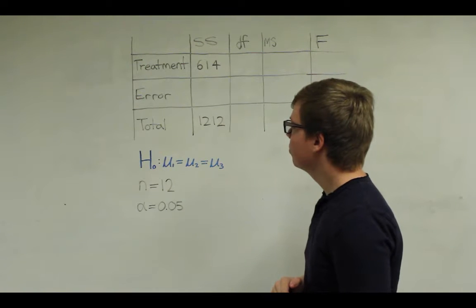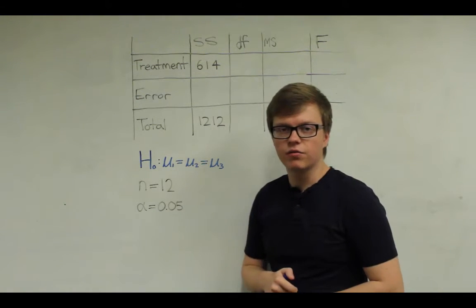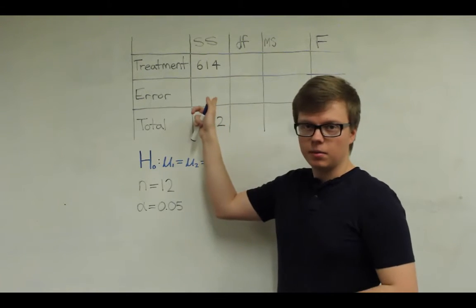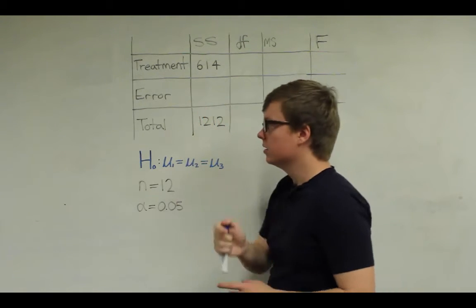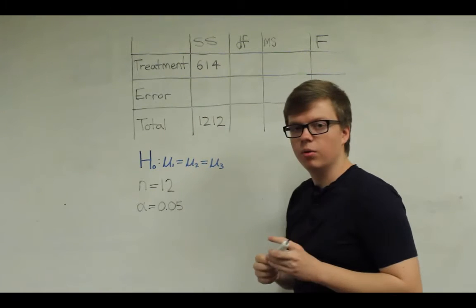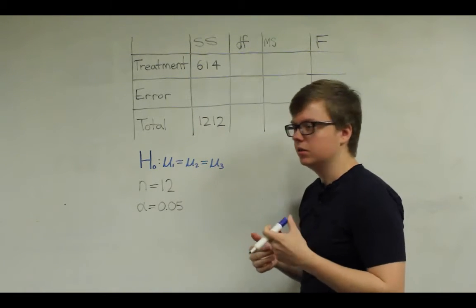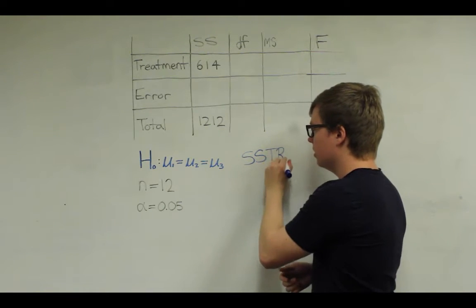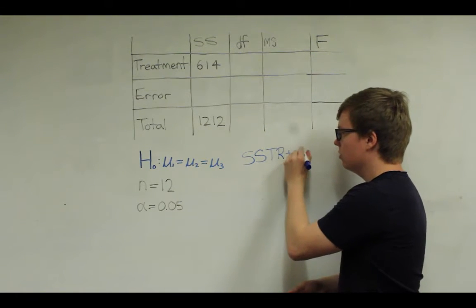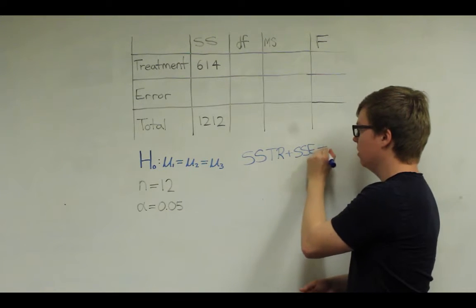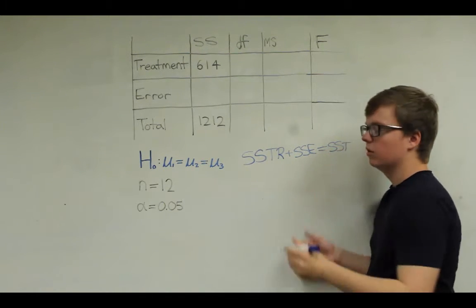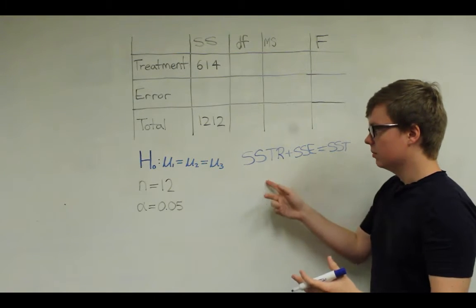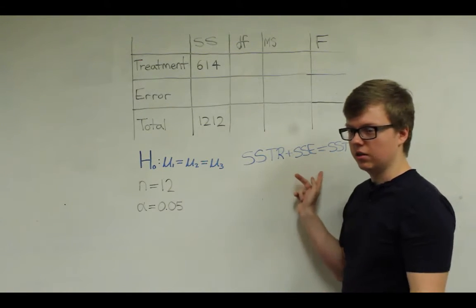So with this information, I think the first box we can fill in is the sum of squares due to error. There's an important equation that we can use to find this one: the sum of squares due to treatment plus the sum of squares error is equal to the total sum of squares. We can rewrite this by subtracting sum of squares treatment over to the other side.